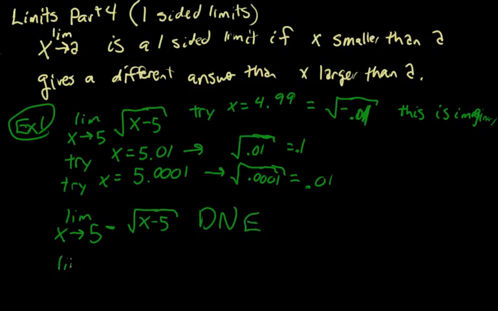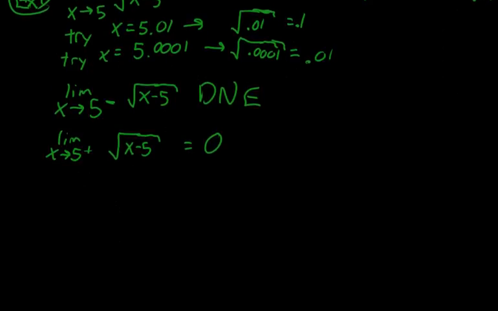But the limit as x approaches 5 from the right, we put a plus sign for approaching from the right, of the square root of x minus 5 equals 0. The closer we get x to 5, whenever x is greater than 5, gets us closer and closer to 0, because we're taking the square root of a smaller and smaller number.